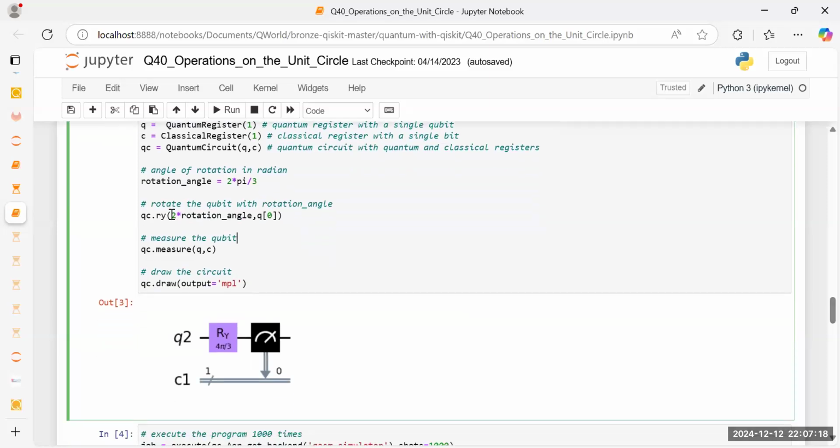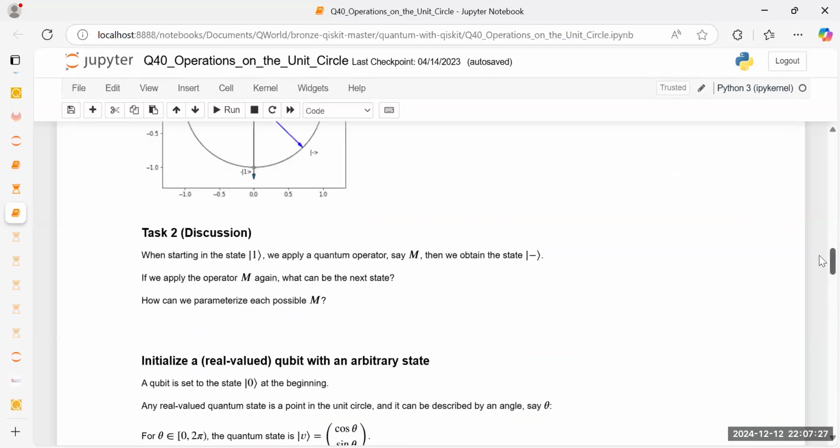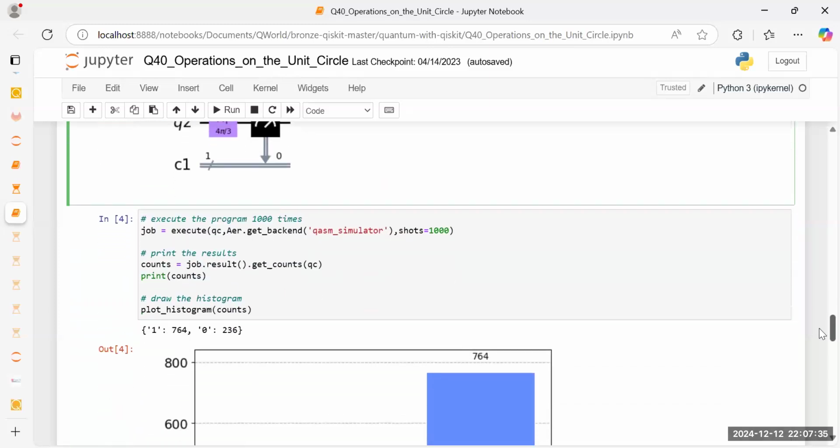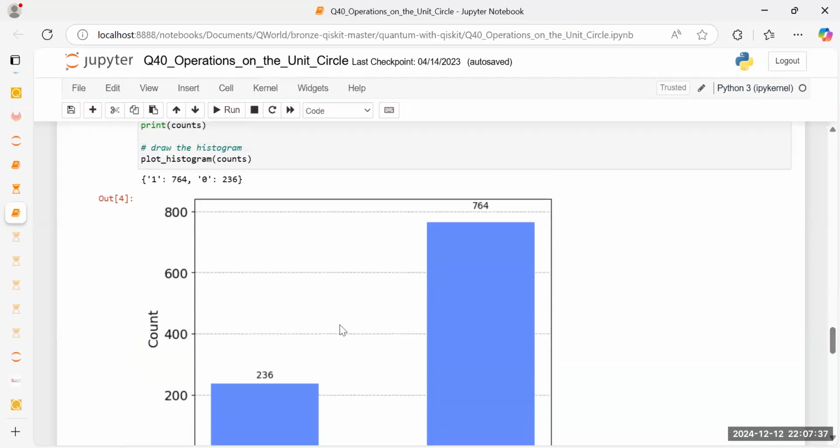So finally, when we've specified all our parameters here, we can measure and retrieve results. The angle that we rotated by here is 2 pi over 3 or 120 degrees, and these are the results we get.